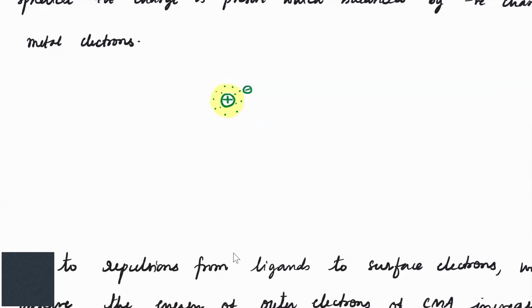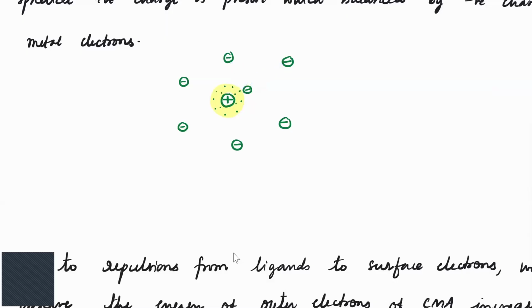But the minute the ligand approaches, we expect that ligands are always considered negative charges, and they will try to attract the metal's nucleus. And of course, while they are trying to attract it, they will cause repulsions with the electrons also.